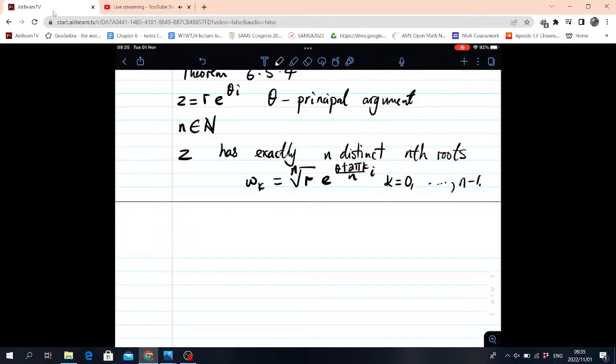Right, so this is our theorem, and we did step 1, and it has three parts.